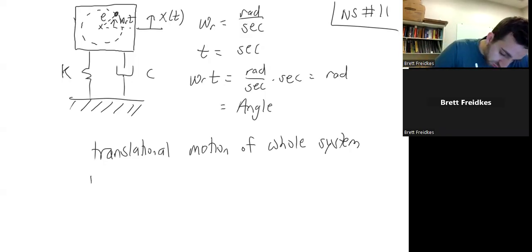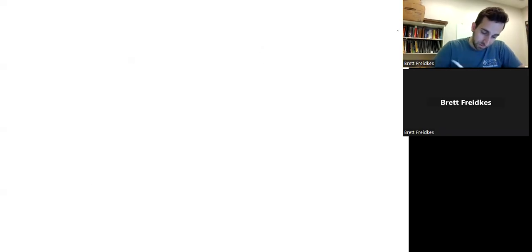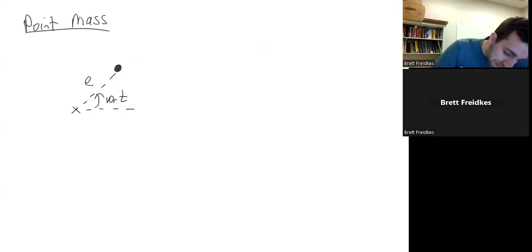So we also have this rotational motion of the point mass. So that means we need to take this into account to figure out where this mass is. We're looking for the position of m naught, x of m naught. What is that? And that's going to be a function of time.